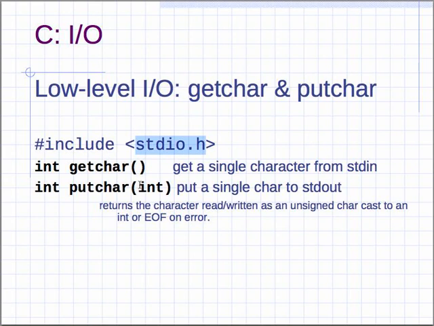Now, it turns out that the argument to putchar is int, but what it really wants to do is take the least significant byte of that int and put that out. So although you are allowed to put in an int, you don't have the complete range of an int. All it does is really put out a single character.